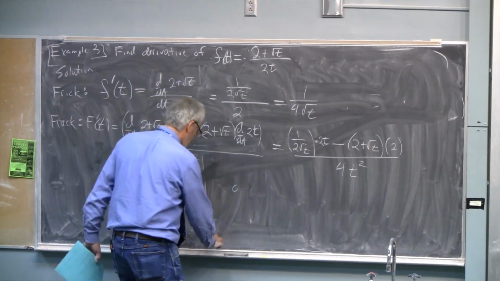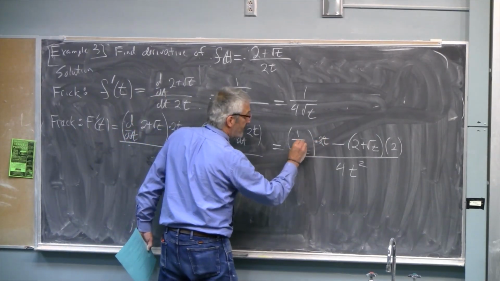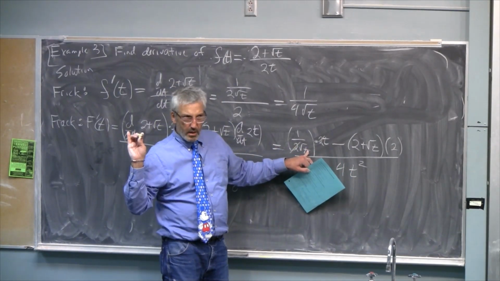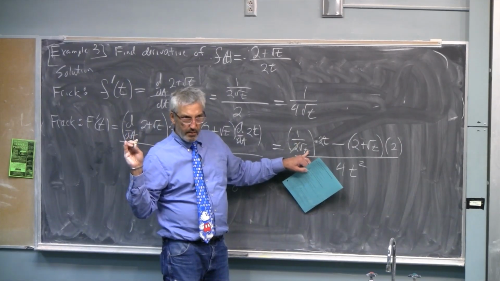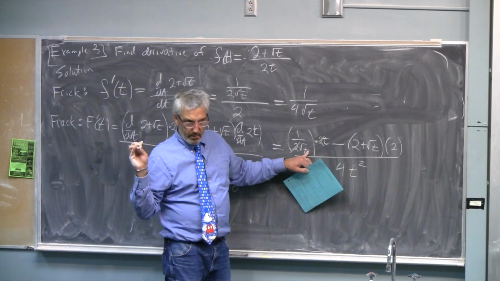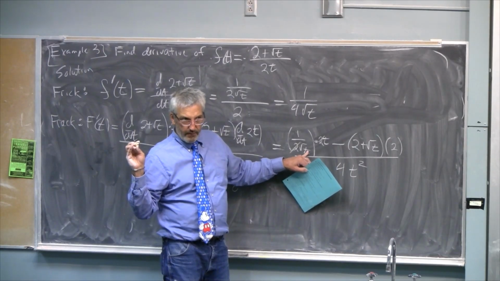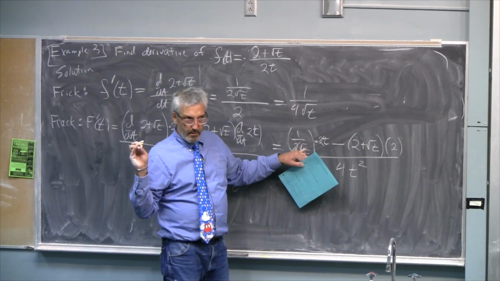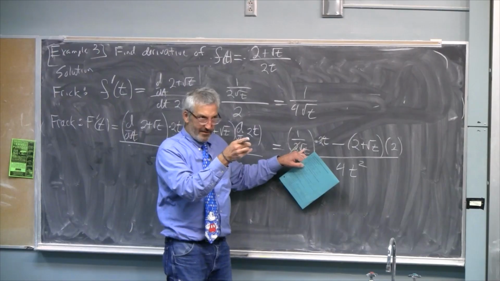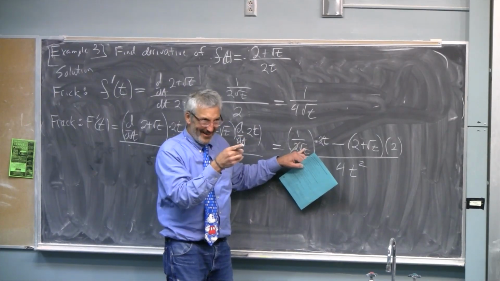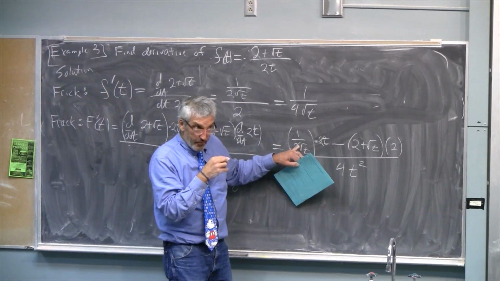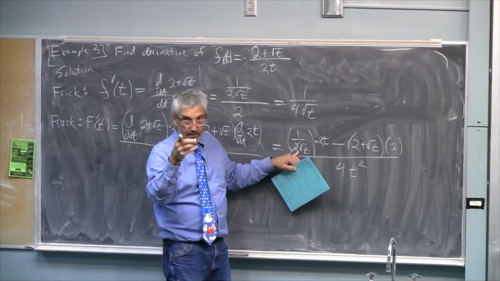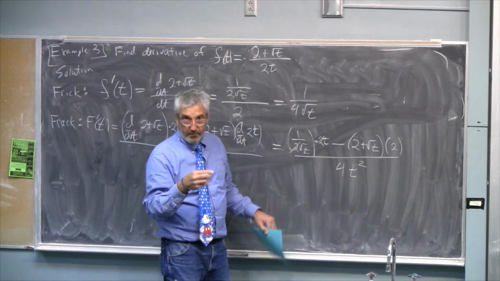Now we can simplify this. Notice that these 2's cancel. And what's t divided by square root of t? Not quite. T to the 1 half. Yeah, it's just the square root of t.